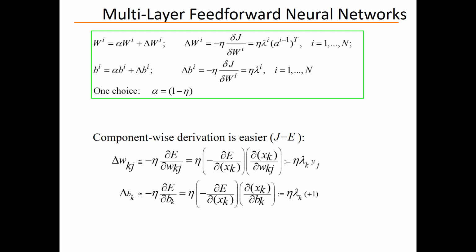But an easier process, perhaps, for most, is to just look at it element-wise. So you look at one element in that matrix, and I'm using E or J, it's the same here. You take a scalar over a scalar derivative. That's what defines the change of a component of that matrix. And I'm labeling the component here as kj, some arbitrary component of a matrix of some layer.